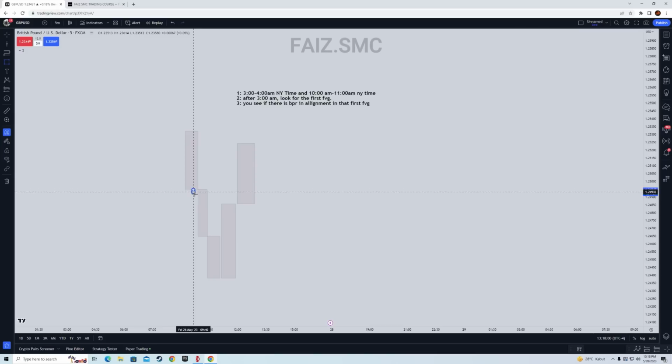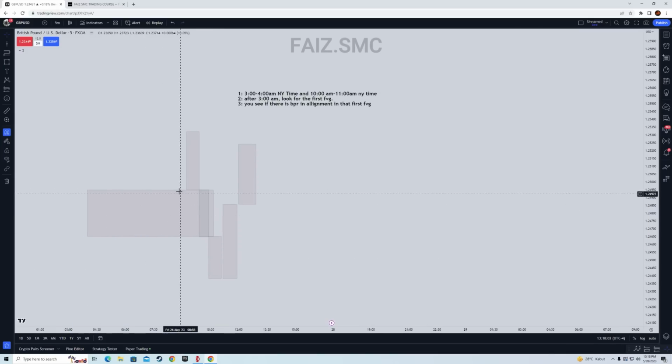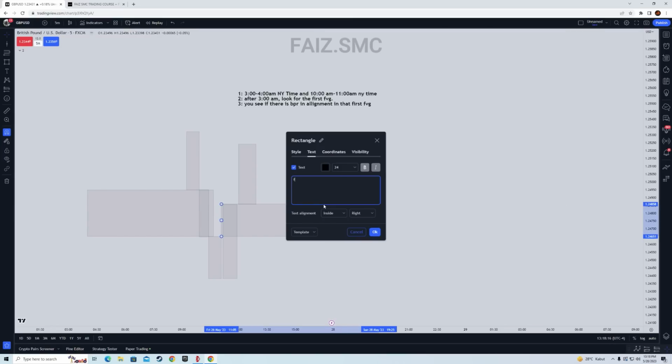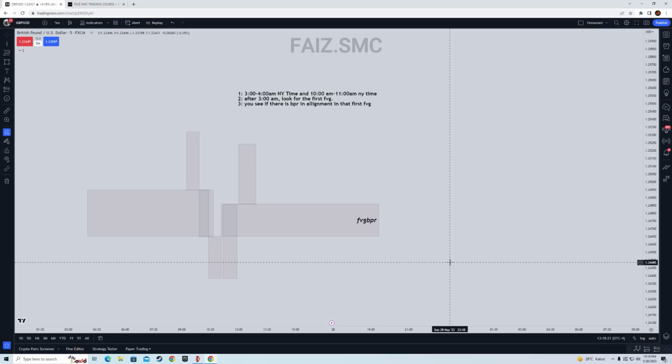Okay, so let me mark out the old fair value gap, it is this right here, and this is the new fair value gap. Cool. If any portion of this is in alignment or it's inside this fair value gap, then that fair value gap becomes, in my words, I would call that FVGBPR. Okay, fair value gap balanced price range, just to make things easier.